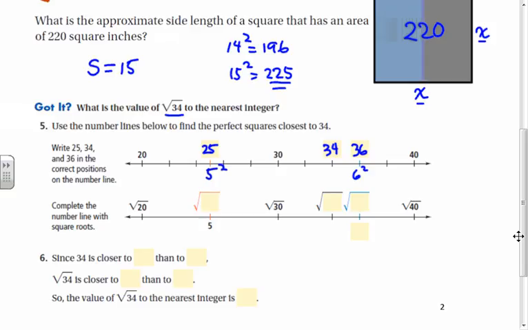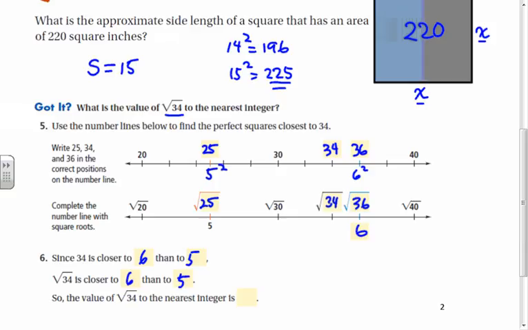So thinking about this, the square root of 25 is 5, because 5 squared is 25. The square root of 36 is 6. So the square root of 34 is really close to 36. So since 34 is closer to 36 than to 25, the square root of 34 is closer to 6 than 5.